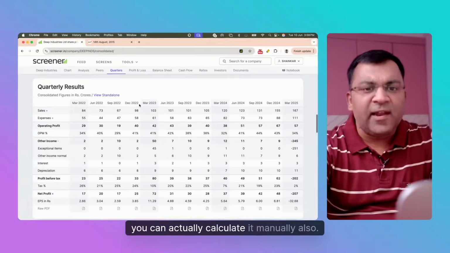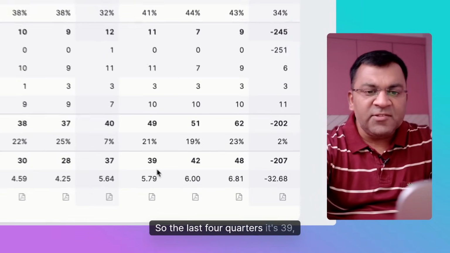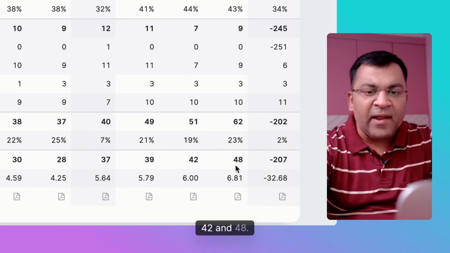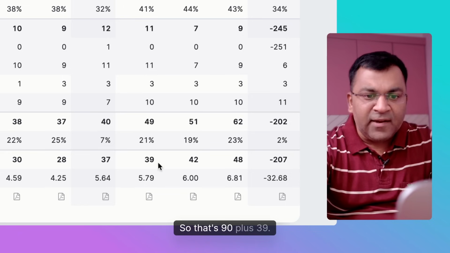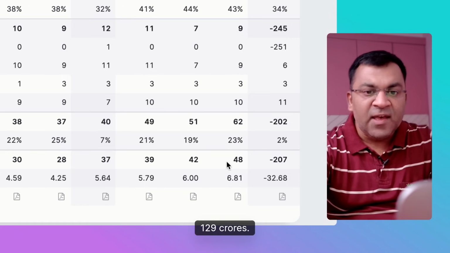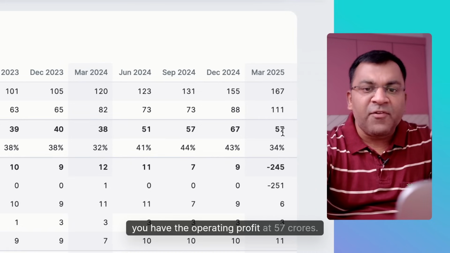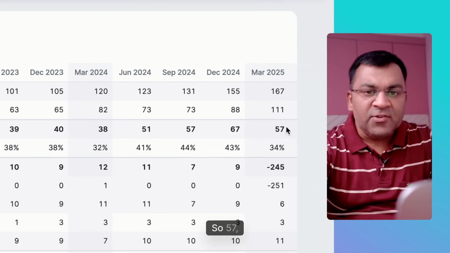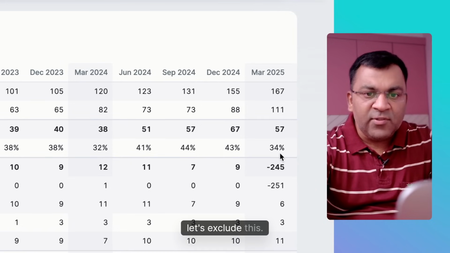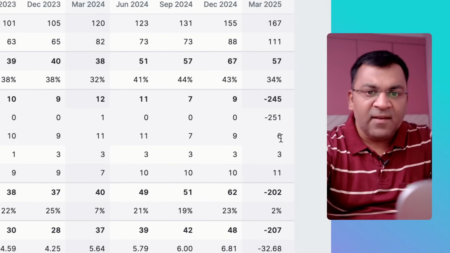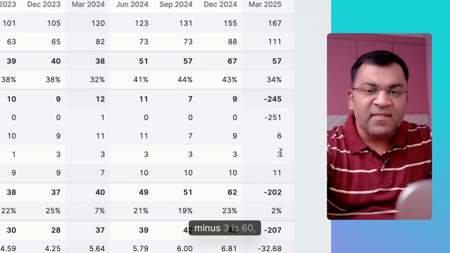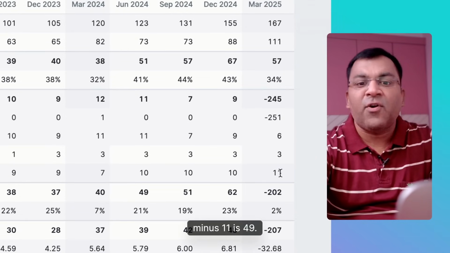You can actually calculate it manually also. So the last 4 quarters, it's 39, 42 and 48. So that's 90 plus 39, 129 crores. And here you have the operating profit at 57 crores. So 57, let's exclude this. So 57 plus 6 is 63, minus 3 is 60, minus 11 is 49.